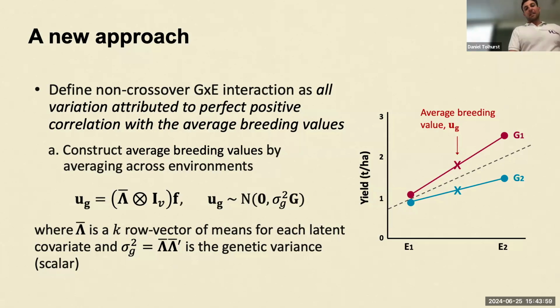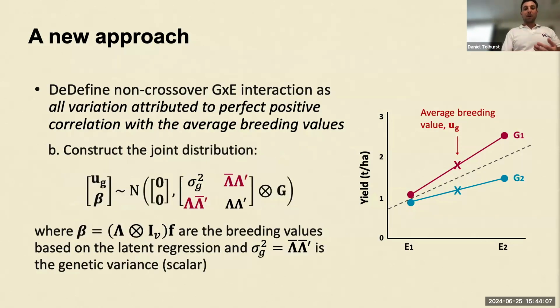And I'm not going to go, again, too much through the algebra, but firstly, you would need to construct those average breeding values. And then we look at the variation associated with those breeding values, and we essentially move those from the full set of breeding values to just the average. And I'll probably put a little bit too much here, but what I'll just show you is what happens.